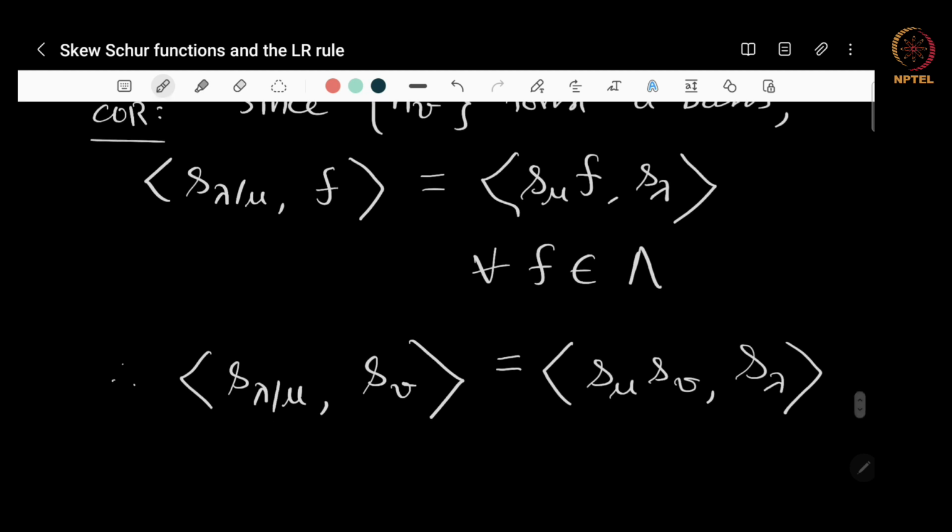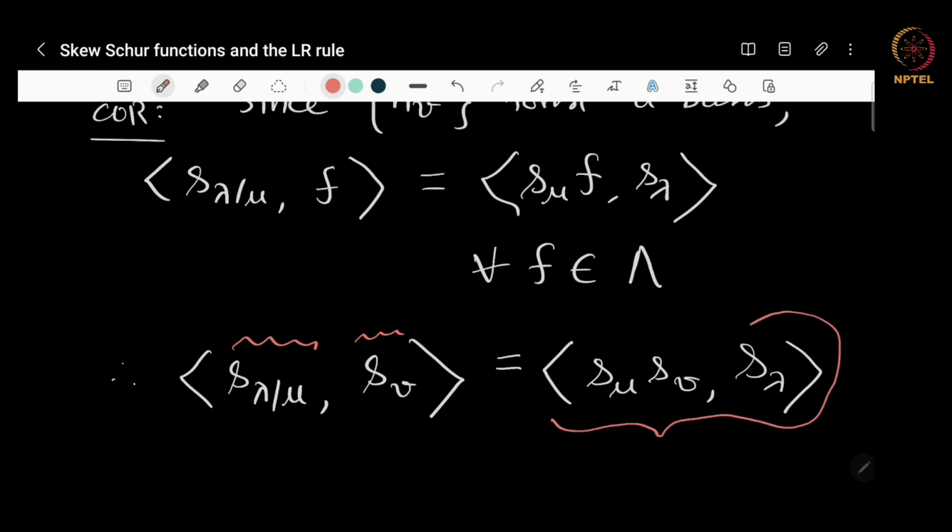So if you wanted to expand the Skew Schur function, S lambda minus mu, in terms of Schur functions, the coefficients are exactly going to be these inner products. It turns out that those inner products are nothing but the coefficients which appear when you do the following operation. You multiply these two Schur functions together. You multiply S mu with S nu, and that product you expand again in terms of Schur functions. Okay, and you find the coefficient of S lambda in it.